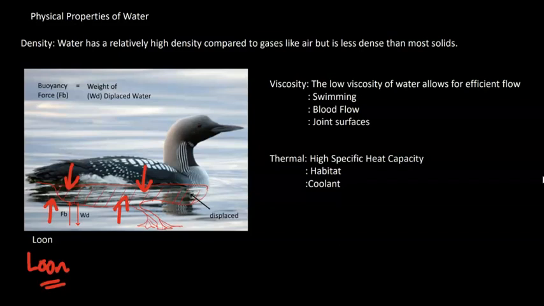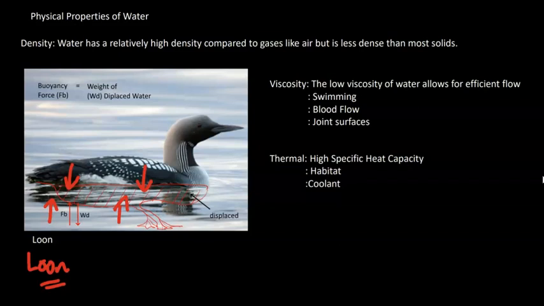And of course this is crucial to many marine organisms which wish to occupy this type of habitat. And the buoyancy of fish within water itself allows them to move upwards and downwards in the water column by regulating their buoyancy.